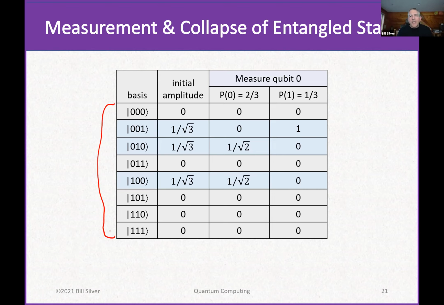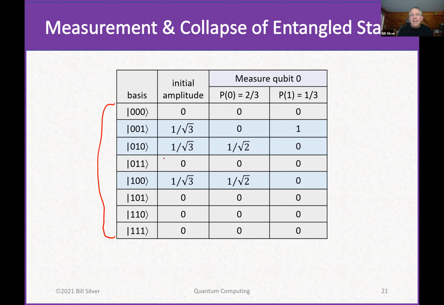And let's say the initial quantum state has the following amplitudes. The 0, 0, 1 state has amplitude 1 over square root of 3, 0, 1, 0 has 1 over square root of 3, 1, 0, 0 has 1 over square root of 3. The sum of the squares sums to unity, which is what we want. All the other amplitudes are 0.